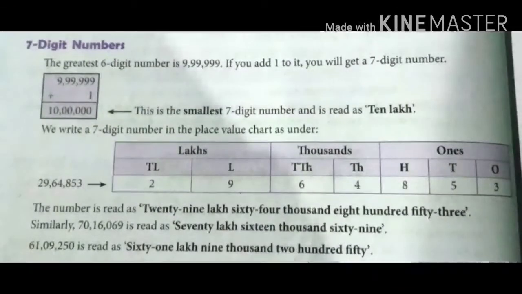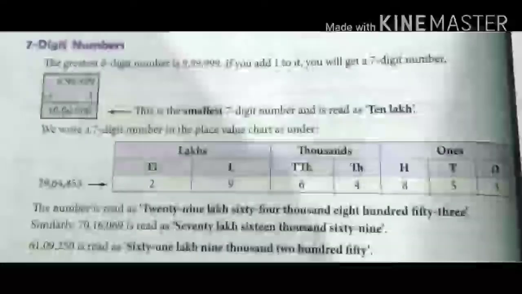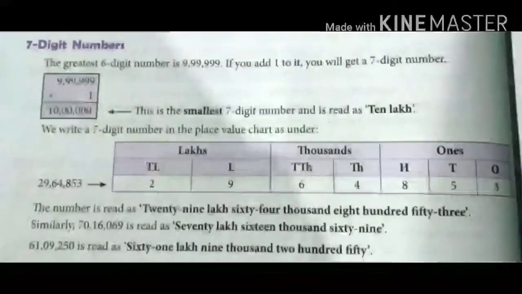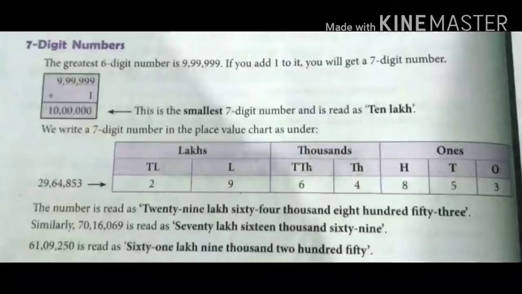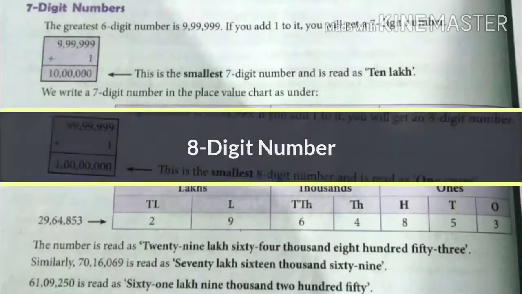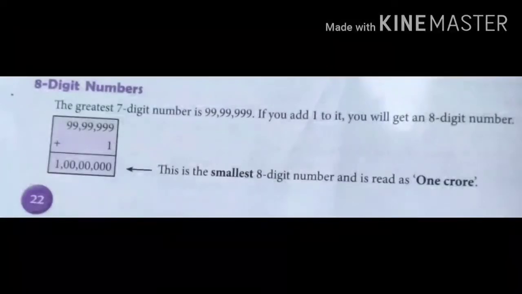Put 3 in 1 place, 5 in 10 place, 8 in 100 place, 4 in 1000 place, 6 in 10,000 place, 9 in lakh place, and last 2 in 10 lakh place. Then we read the number: 29 lakh 64,853.